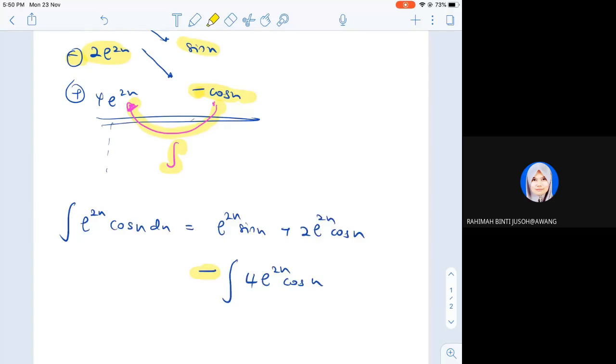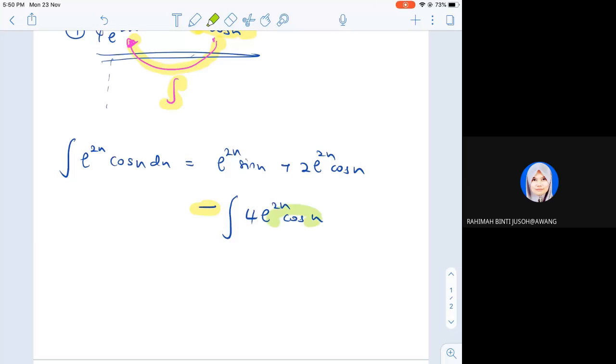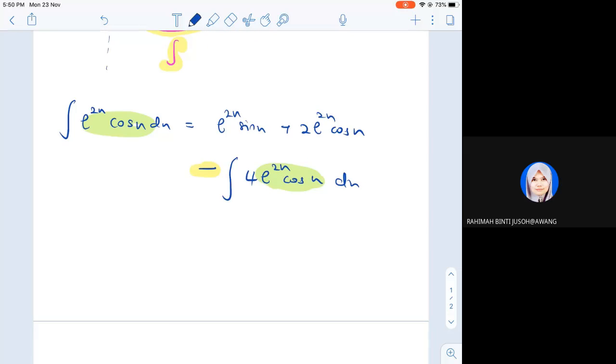Okay, now if you notice here, this term, sama tak dengan this term? Sama. Sama kan? Okay, so negative 4, you patah sebelah kiri, you will get 4 plus 1, right? So it becomes 5. So 5 integration of exponent 2x cos x dx is equals to exponent 2x sin x plus 2 exponent 2x cos x, isn't it?